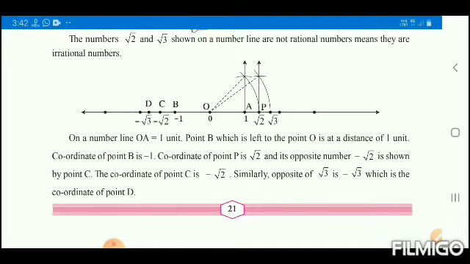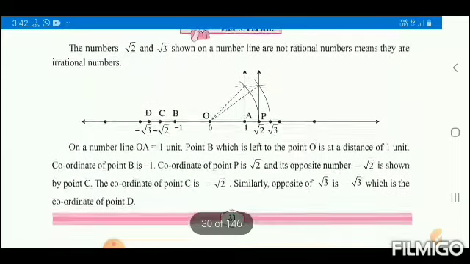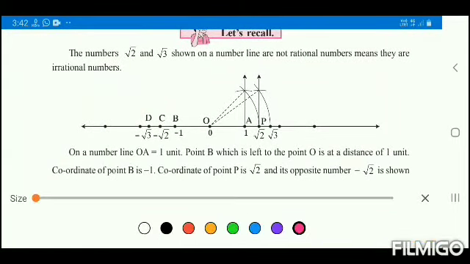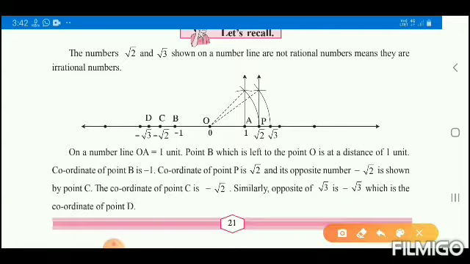Now look here, they have given the points root 2, root 3. How to draw that, I will tell you. What you have to do here is take the distance of 1 unit in your compass. Why?